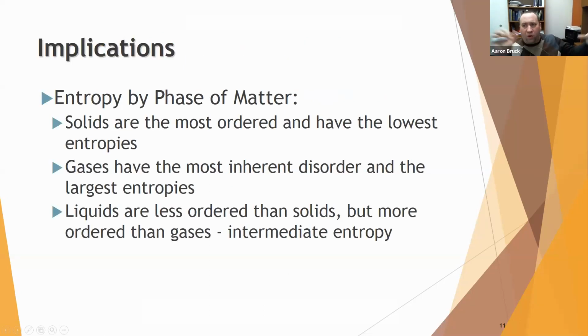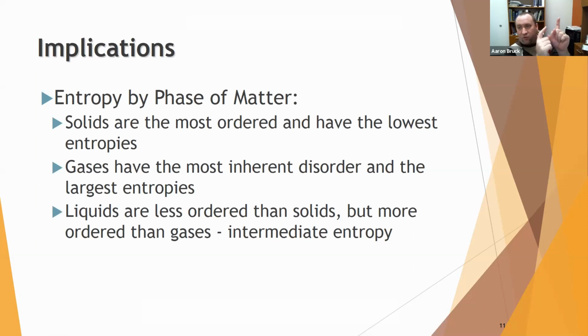And so putting all of this together, there are some key implications that we can make. We can look at entropy by phase of matter. Solids tend to have the most order and the lowest entropy, because the molecules are very, very close together.